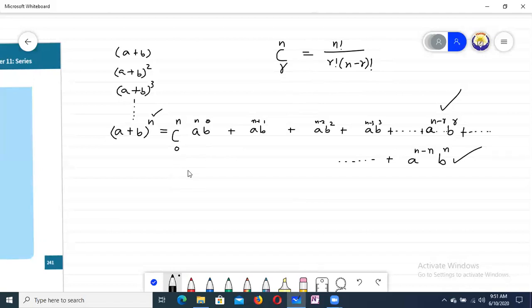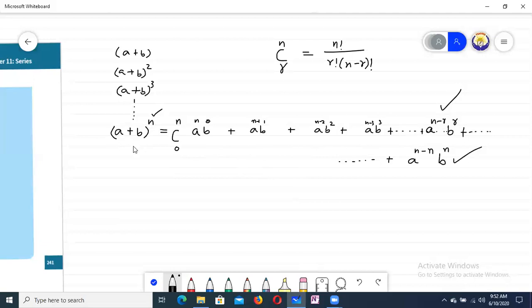And with the help of Pascal triangle also. Suppose this is up to 5, then from Pascal triangle for n equal to 5, you can get the binomial expansion. Here (a+b) raised to the power 5 you are getting, then up to 5 minus 5 you can expand this one.